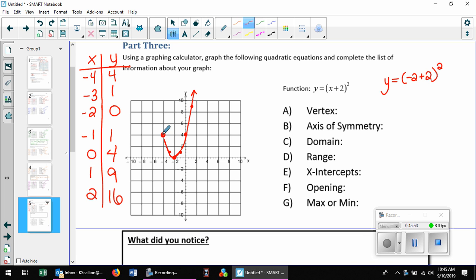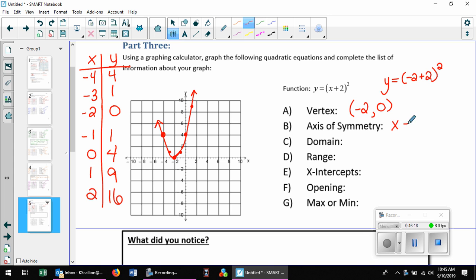All right, so I got the other side of my U. Not all the points, but what would you predict -5 is without calculating anything? Probably your 9, right? Because that's the y value that came here. And remember, it's symmetrical. All right, so my vertex occurs at -2 and 0.